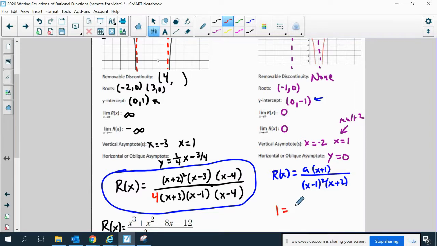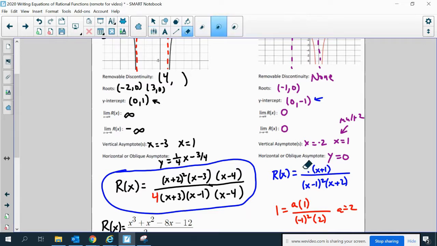So 1 is equal to a times 1 over (-1)^2 times 2. So it appears that a is equal to 2 after I solve. So then I write a equals 2, and that's that.